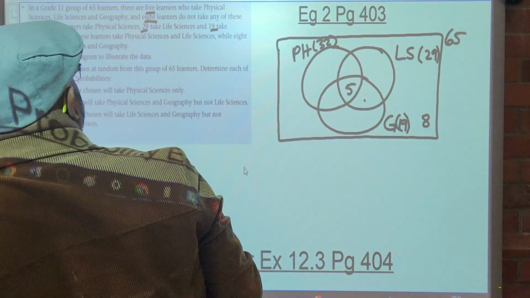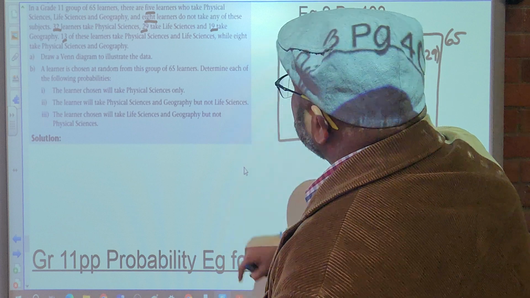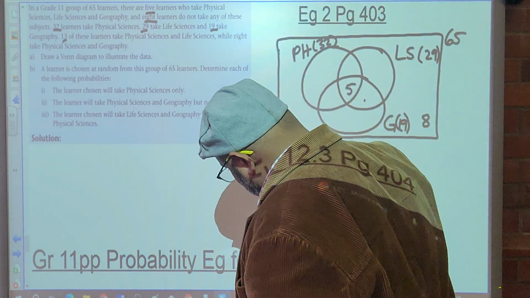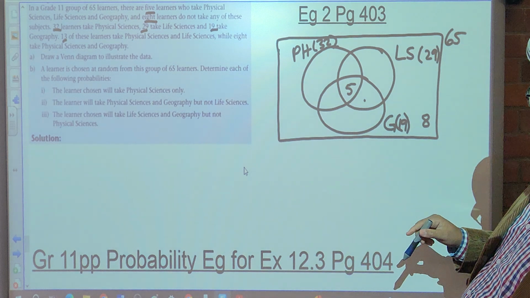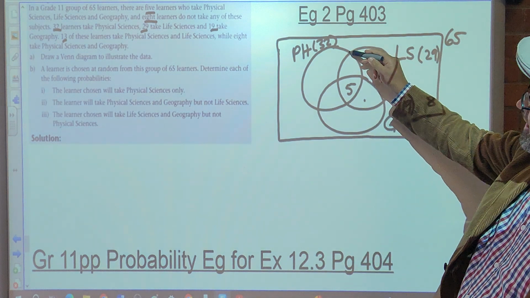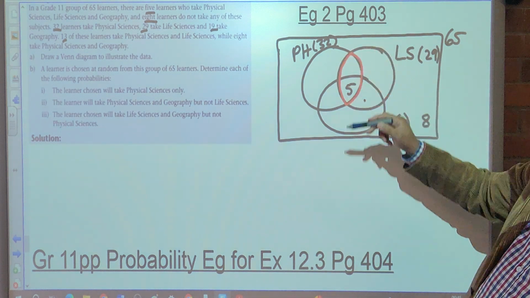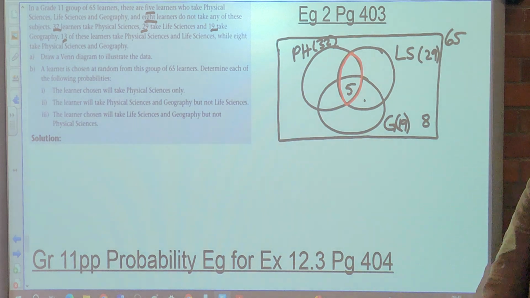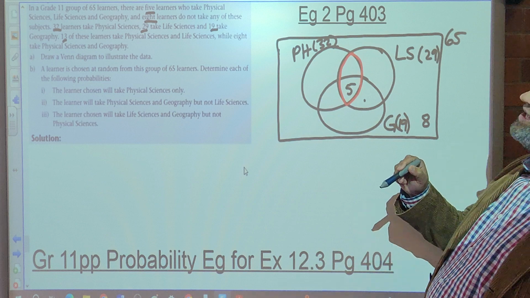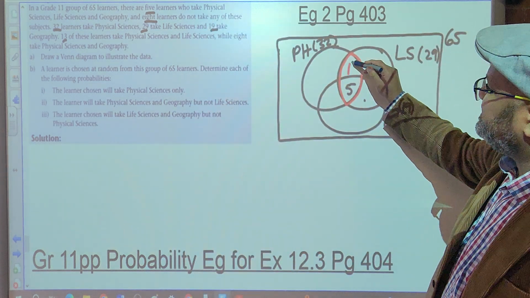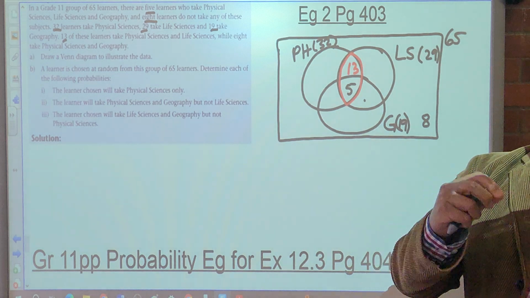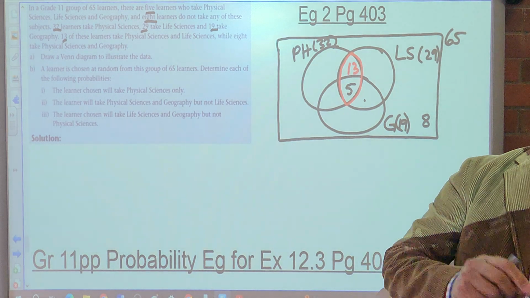13 of these learners take physical science and life science. Alright, so let's change our color. Now, that 13 is across both those subsets. Can you see that, those parts? Even if it said 13 take physical science and life science only, then that 13 goes there. Many make this mistake. Do not make this mistake.